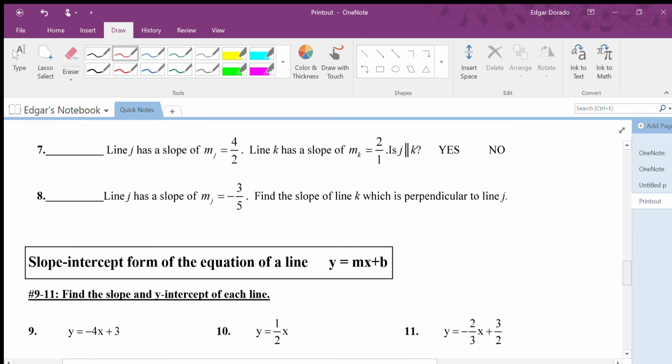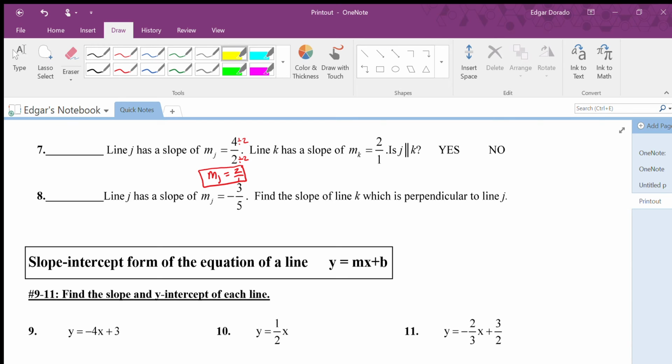So problem number 7 says line J has a slope of 4/2. Line K has a slope of 2 over 1. Is J parallel to K, yes or no? Well, first of all, what I noticed right away on the slope of line J is you can reduce that. These both are divisible by 2, so this is really 2 over 1.